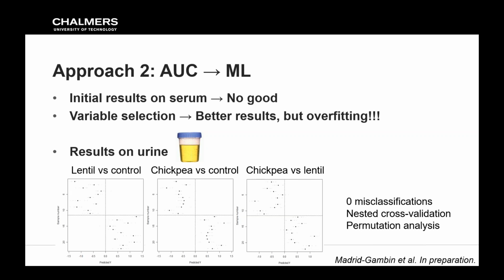Anything in those other two fields would be a misclassification, and we find that we're very nicely managing to separate between lentil treatment versus control treatment, chickpea versus control, and chickpea versus lentil. So we find that in the urine data we get really nice separation. And we employed nested cross-validation to minimize the risk of overfitting, and confirmed this by permutation analysis as well.